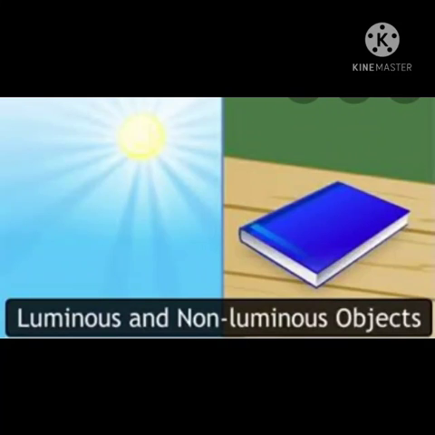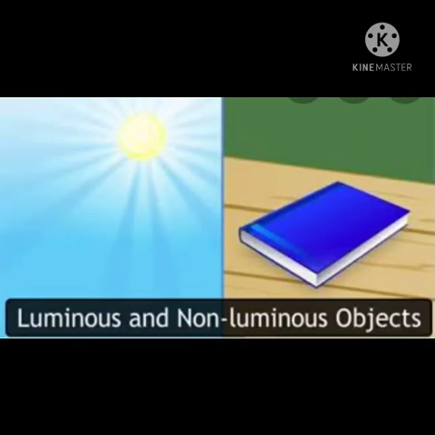Luminous and non-luminous objects. The objects are classified based on their ability to emit light into luminous and non-luminous objects. Luminous objects emit light of their own.